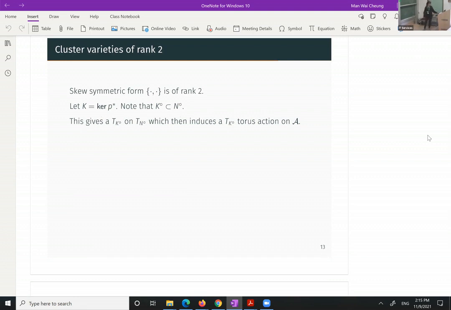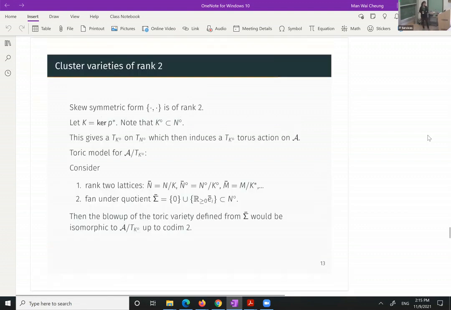And then what we want to do in this case, actually, instead of looking at the A variety, is to look at the quotient of the A variety. So this is what we do. We want to look at the quotient of this A variety under this T_K action.